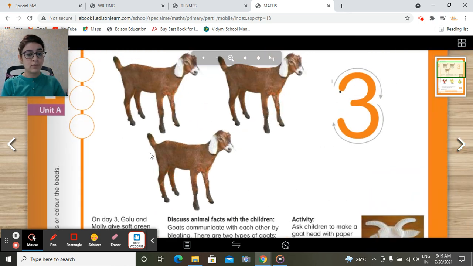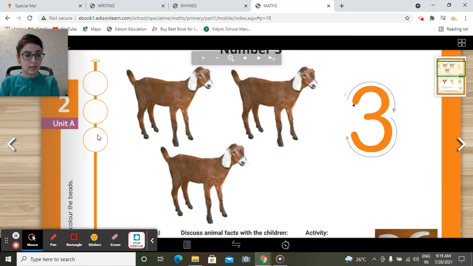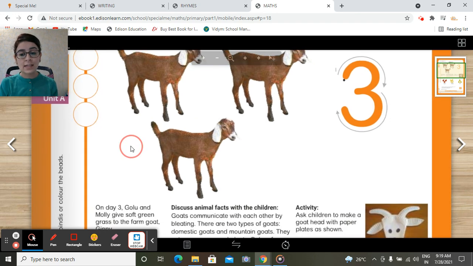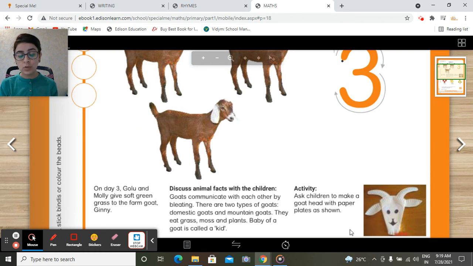Okay, what is the name of the goat? It's Guinea. Okay, you have to either color these 3 circles, or you can put a thumbprint, or you can paste your mama's bindi over here. Okay, choice is yours, but complete this activity and do make the goat with the help of a paper plate.